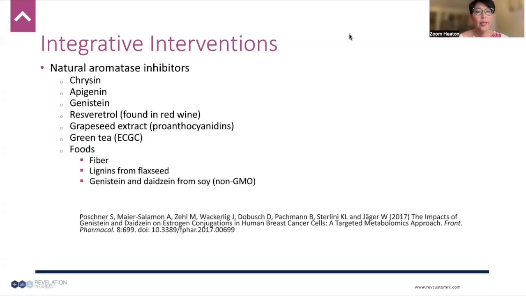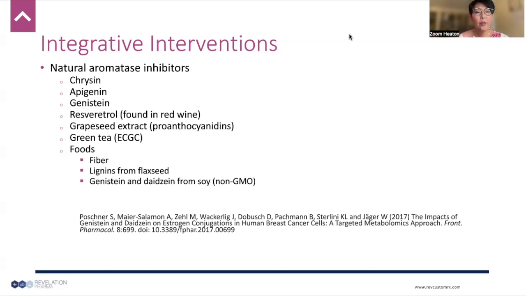So we can use chrysin, which is a potent flavonoid that is found in plants like passion flower and honey. We have apigenin, which is also a flavonoid in plants like celery, parsley, and basil. It's a powerful aromatase inhibitor. Genistein is also an isoflavone that is found in soybeans and tofu. It's an estrogen antagonist and anti-inflammatory.